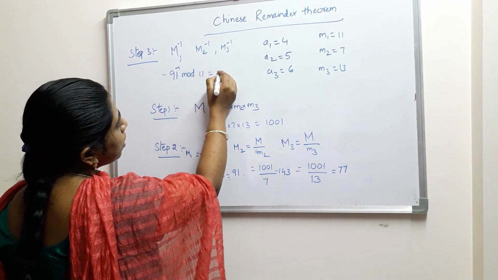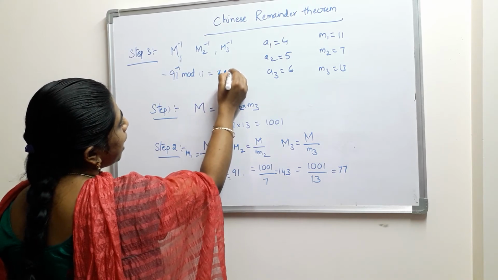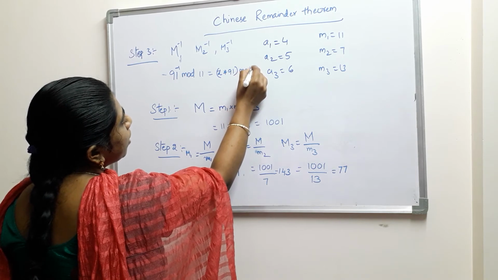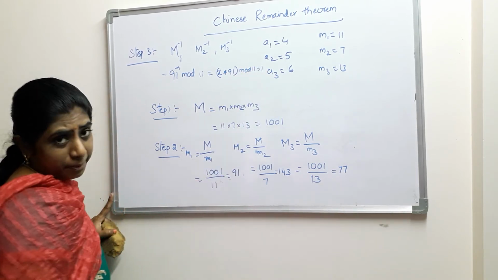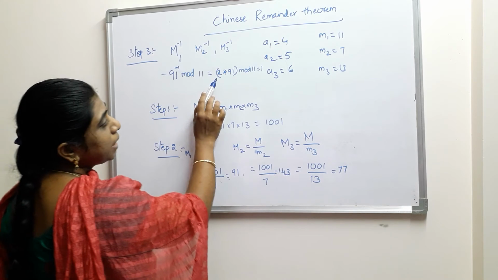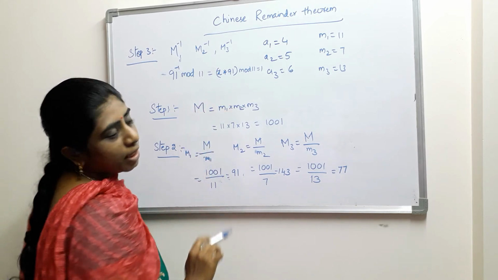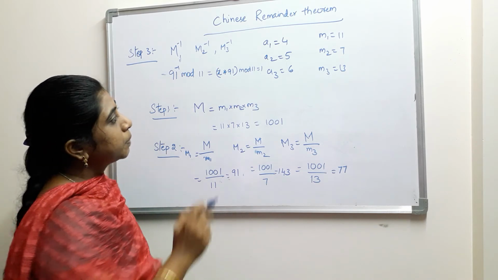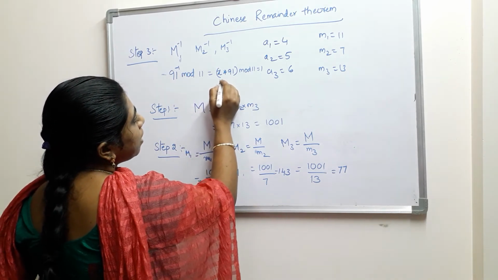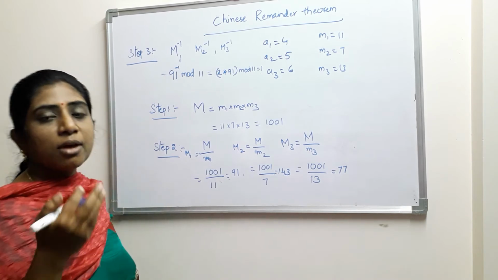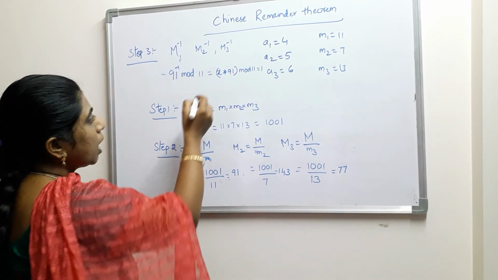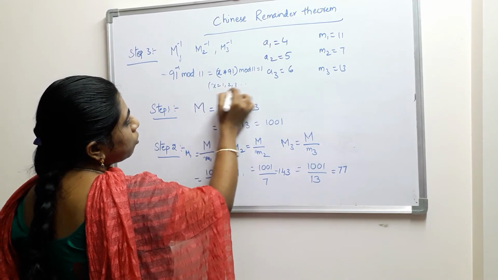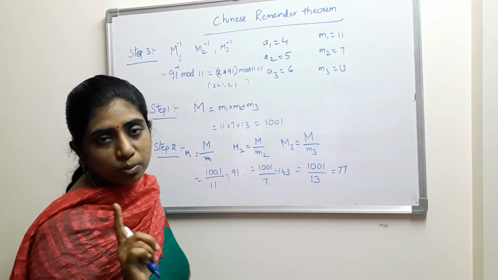This you can also write as x into 91 mod 11 is equal to 1. So we need to take the multiples of 91 in such a manner that we get the value as 1. When you are incrementing the values of x, like if you take x equal to 1, 2, 3, and so on, we are going to get the value as 1.